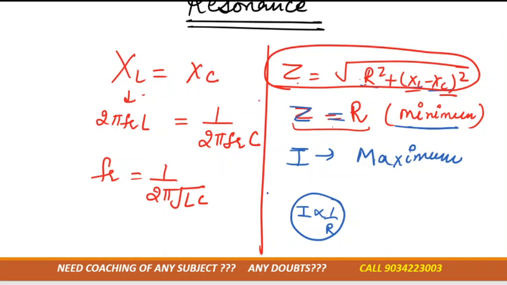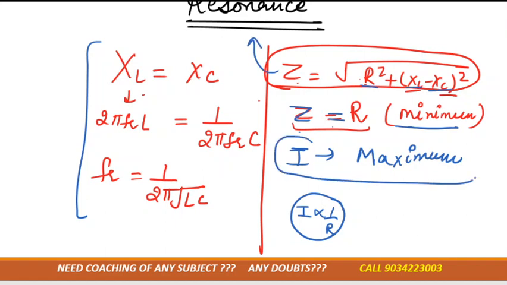Okay, clear? These are the conditions for resonance. If they say impedance is minimum, we have to understand that this is the condition of resonance. If they say current is maximum, then we understand that this is the condition of resonance. They will never directly tell you that we are using the resonance condition.